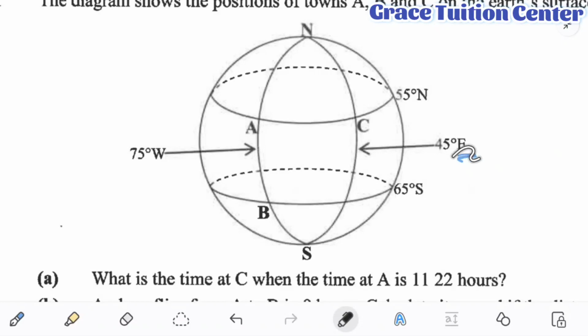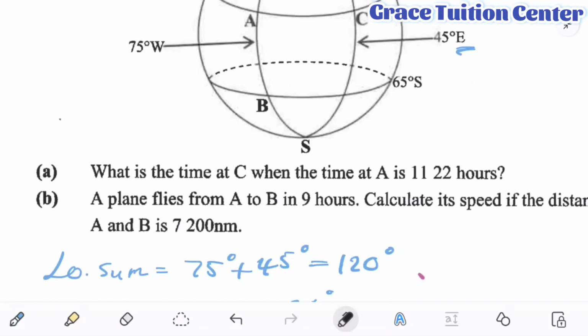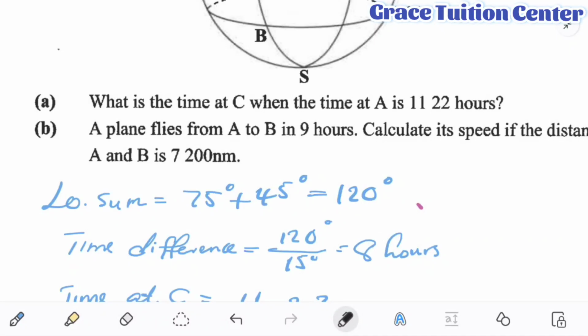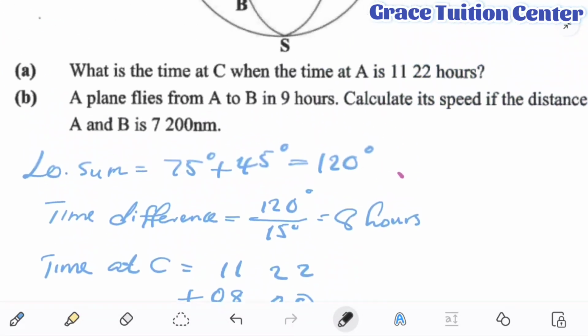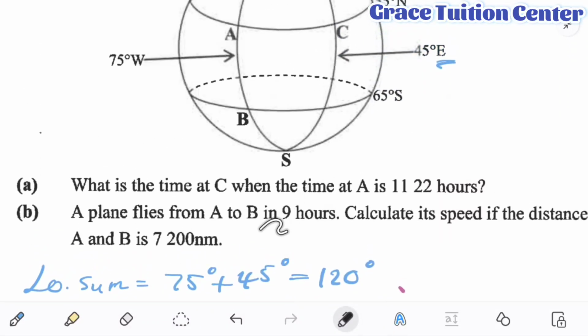If the two towns are in the same hemisphere, for example, west-west or east-east, all you have to do is subtract the longitudes. It is going to give you the difference in terms of what? Hours. Is that okay?